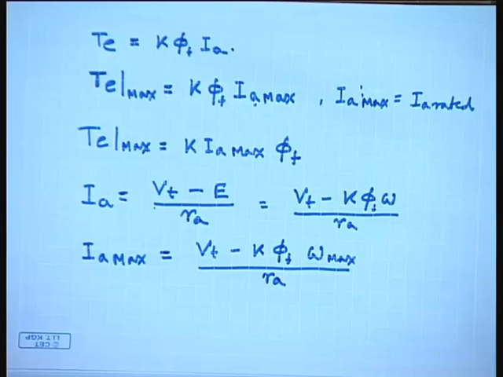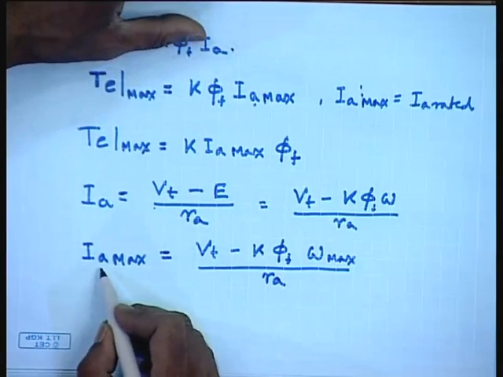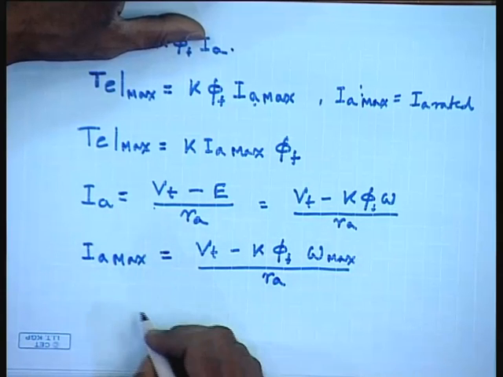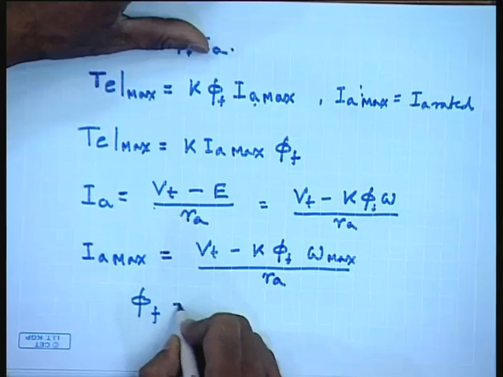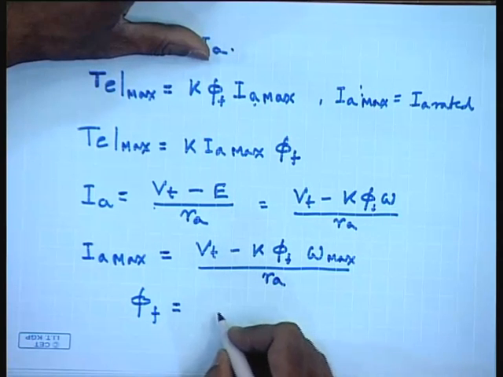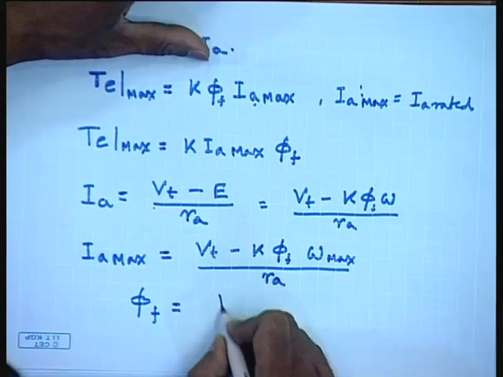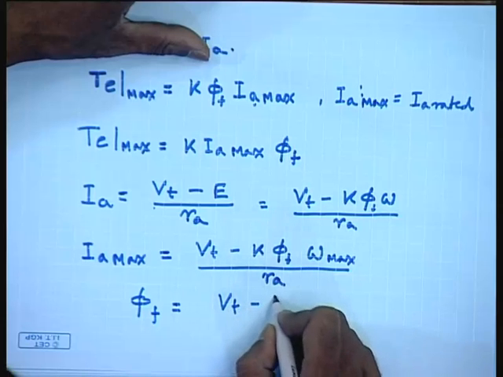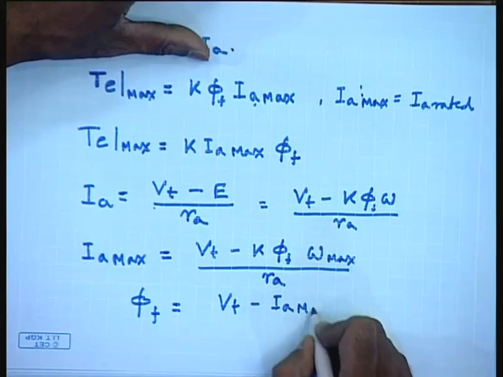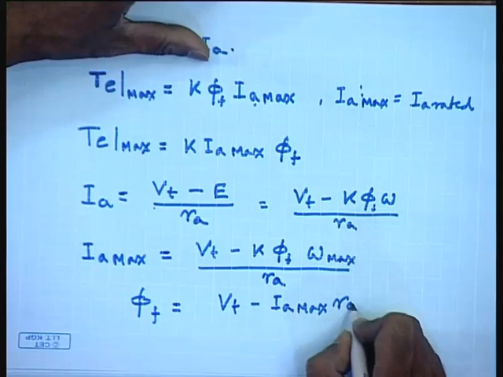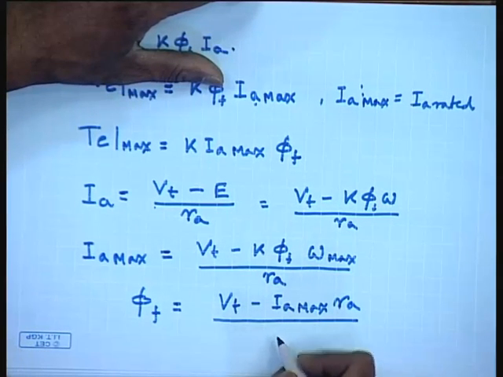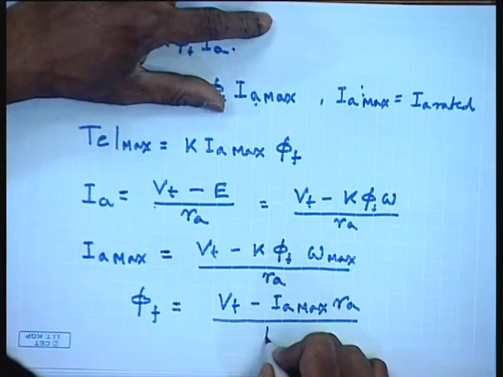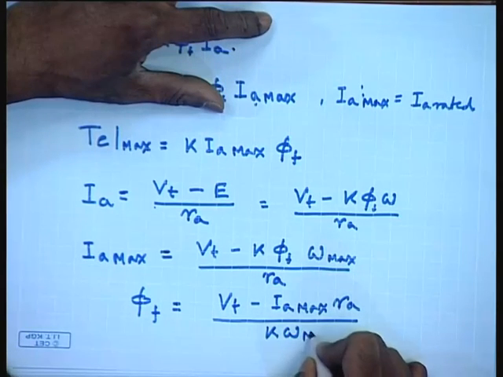So, what is phi f, for a constant value of I_A, what is the relationship between I_A, phi and omega? Phi f equal to (V_T minus I_A max R_A) by K omega max.